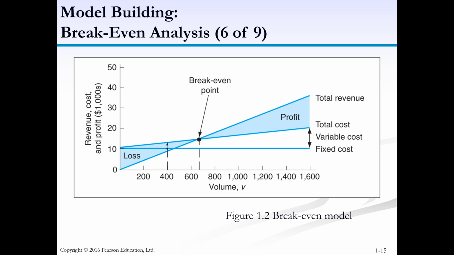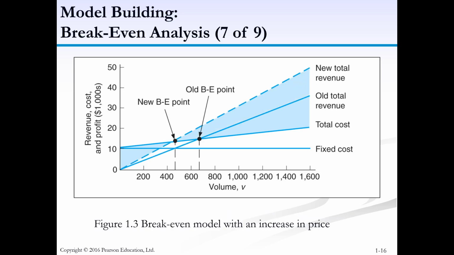We can do sensitivity analysis. Here we have increased the selling price. When we increase the selling price, the difference between selling price and variable cost becomes larger, and the break-even point comes even earlier, so this is the new break-even point.